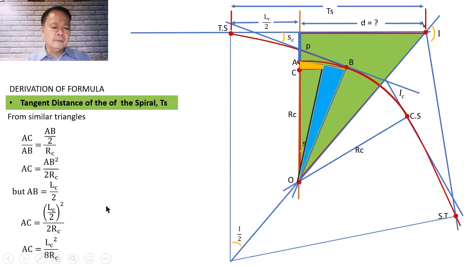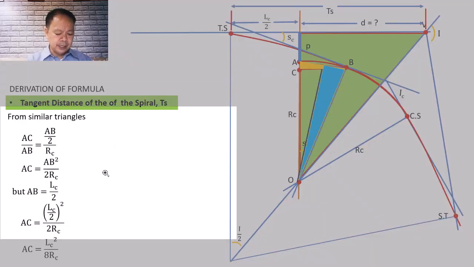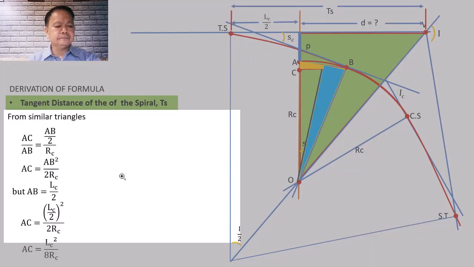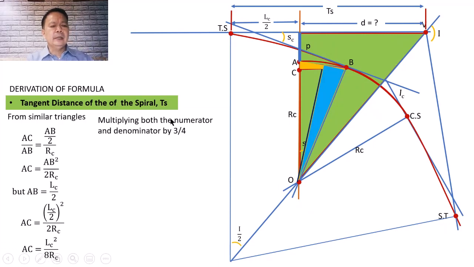Kaya lamang, meron akong gustong ipaunawa sa inyo that this term is almost similar to one formula that we have, yung ating x sub c. Ang naiba lamang is 8, the constant here. For x sub c, it is 6, dito ay 8. Kaya if this will be made 6, kung gagawin natin to 6, therefore, we have to multiply both the numerator and the denominator by 3/4.